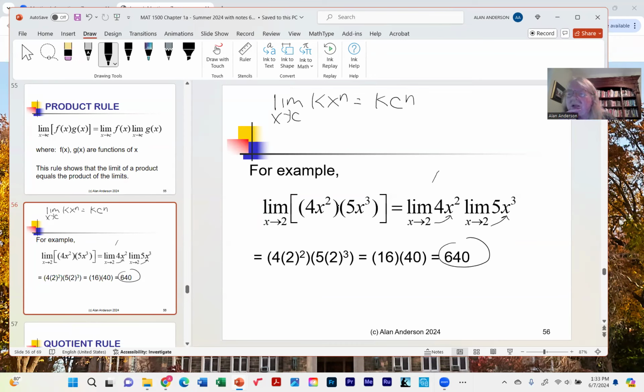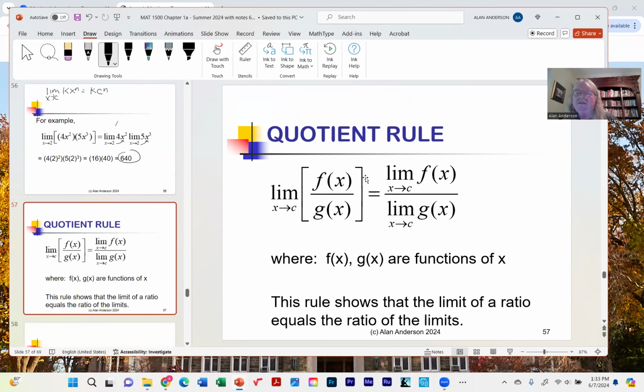So if there's a product rule, that means there must be a quotient rule. And there is. The only thing we have to watch out for is that we must not allow the limit of g of x to be 0. If it is, then this is undefined. But for any other calculation, this works just fine.